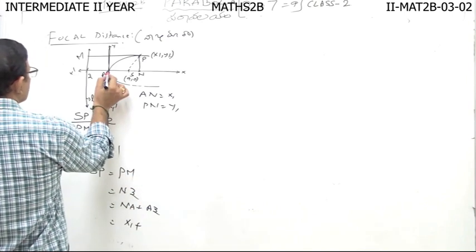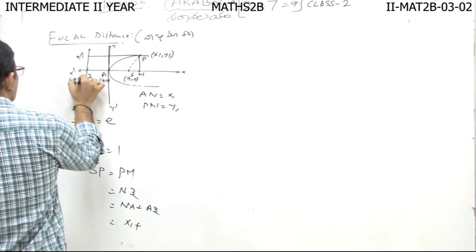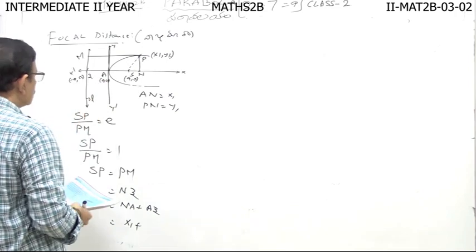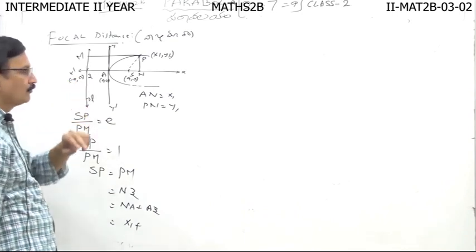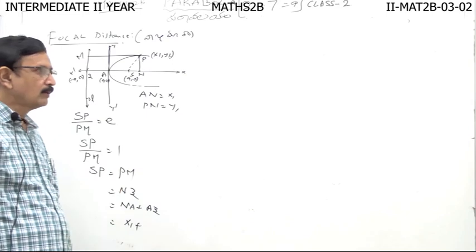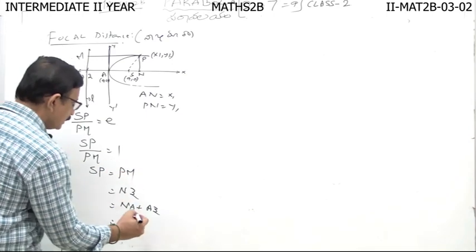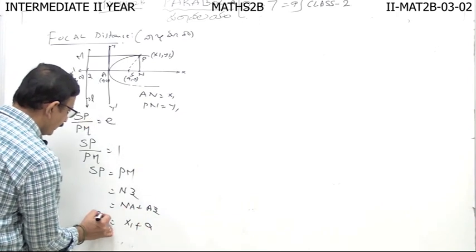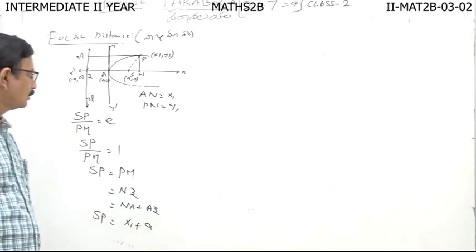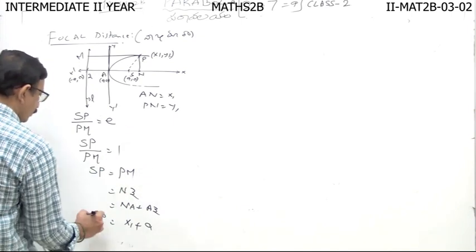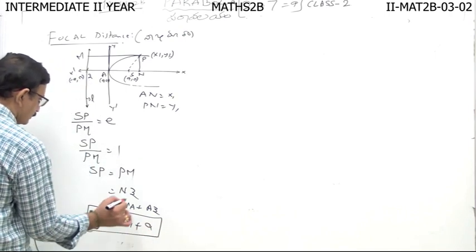And what is AZ? A is (0, 0) and the coordinates of Z are (-a, 0). The length ZA is the distance between 2 points, that is the square root of (x2 minus x1) whole square plus (y2 minus y1) whole square. Applying that formula, the total length AZ is equal to a. Therefore SP, which is called the focal distance, is x1 plus a. So this is the formula.